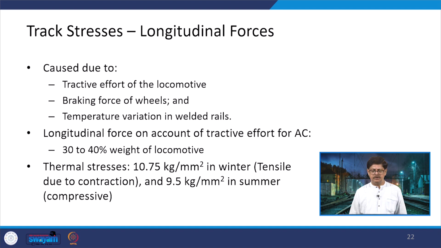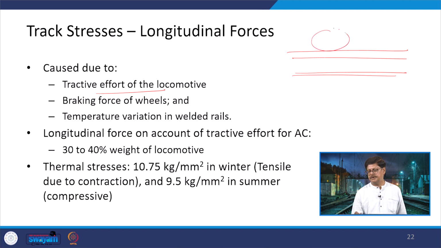Then another one is the longitudinal force, which is caused due to the tractive effort of the locomotive. We have already discussed that the rail section is provided and then the wheel is moving at the top and it has to move in this direction. So, tractive effort is going to act in this way. So, there is a tractive force which will be working, and this reaction will help the wheel to move ahead. Similarly, there can be a braking force.